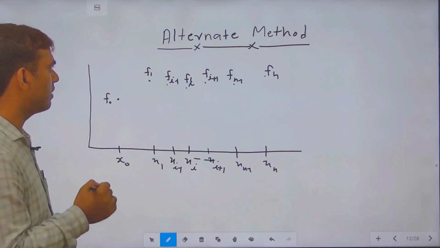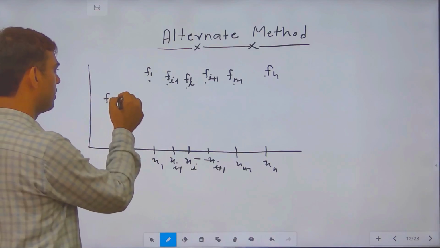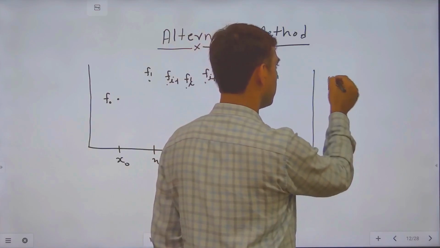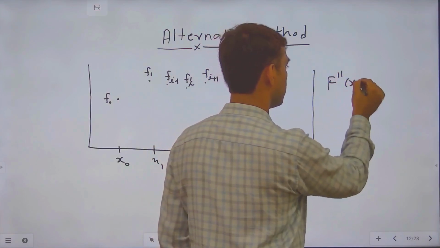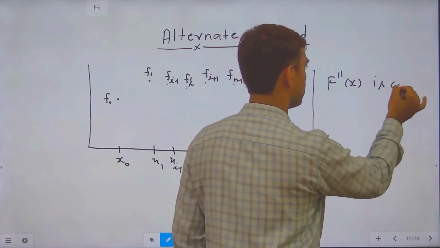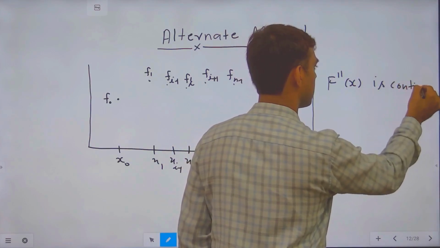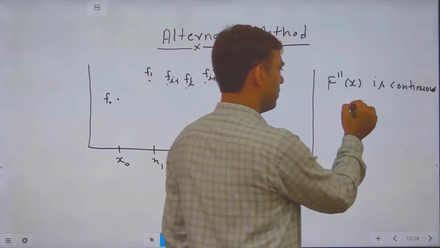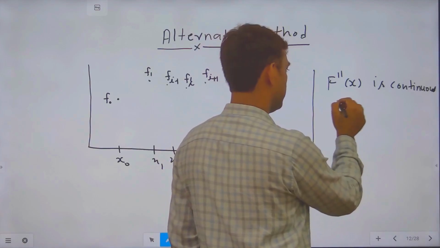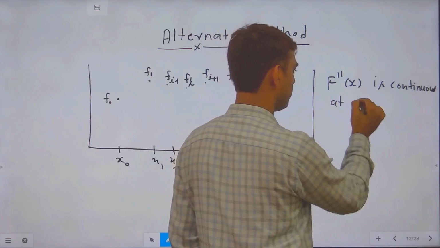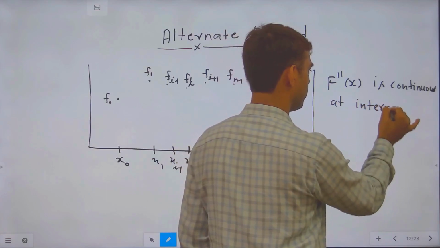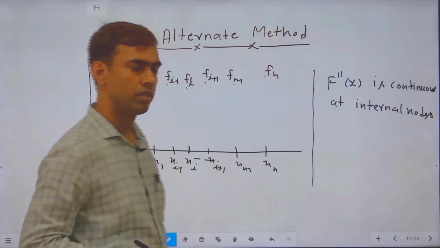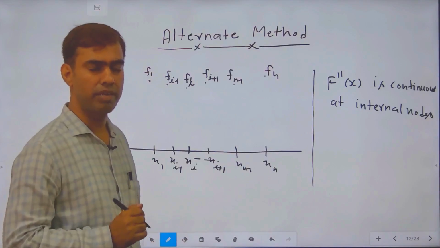So what happens in the alternate approach? Since f double dash x is continuous at internal nodes, what is the nature of the curve f double dash x?